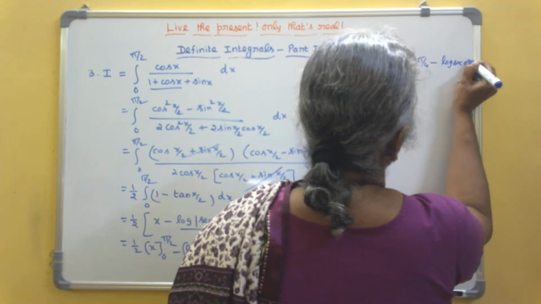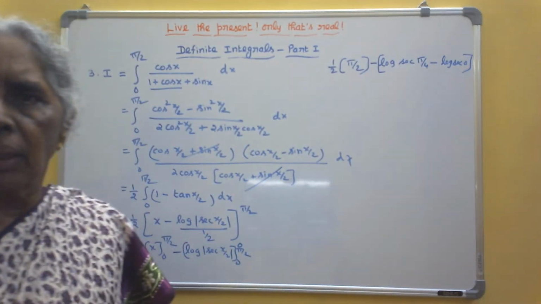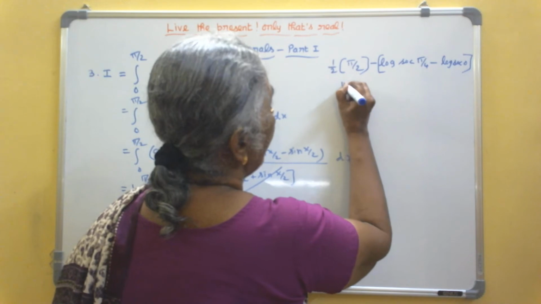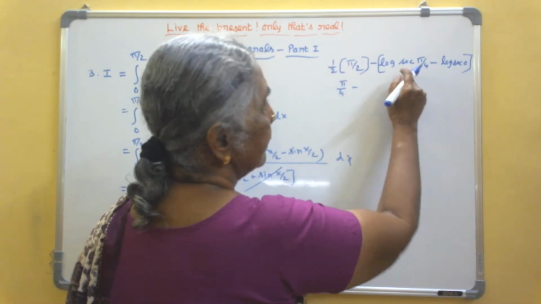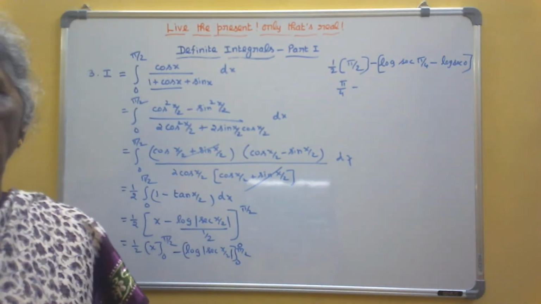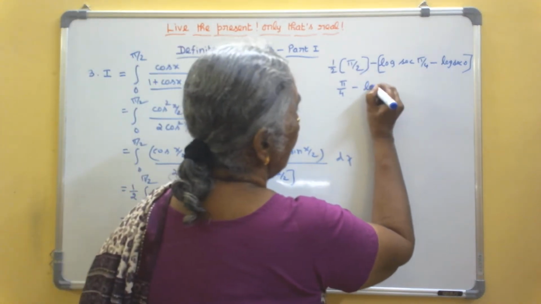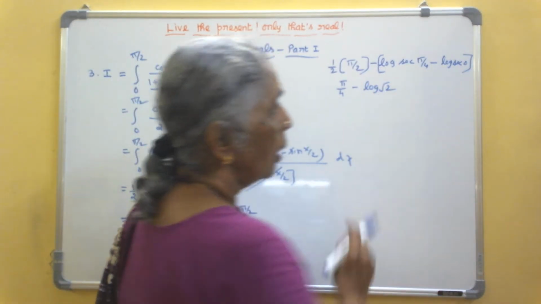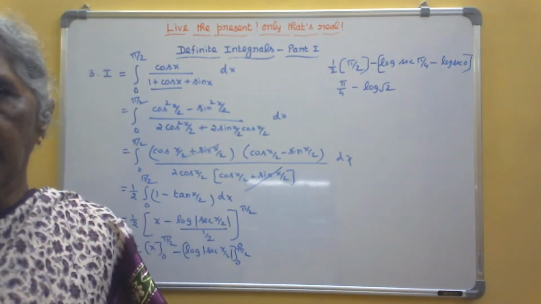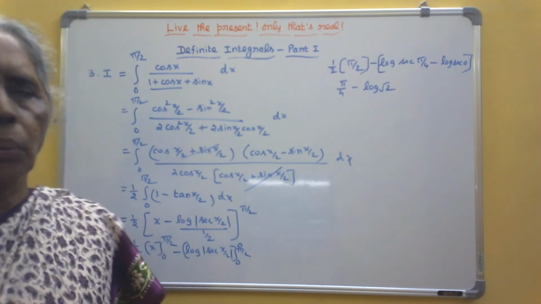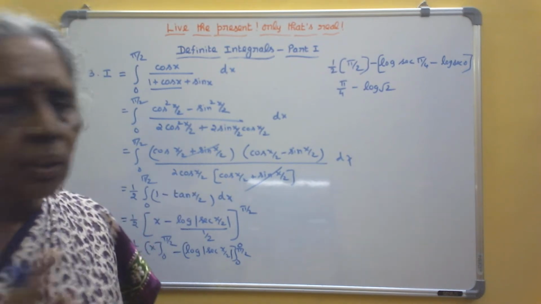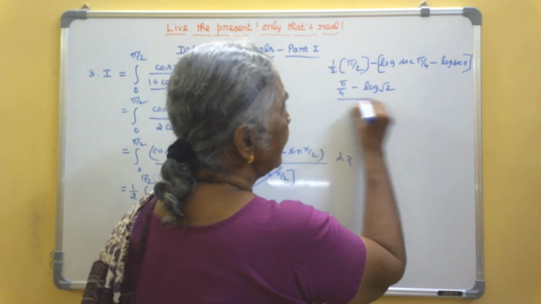Now secant pi by 4 is root 2, so you will get minus log root 2. Secant 0 is 1 and log 1 is 0, so that will vanish. So pi by 4 minus log root 2.